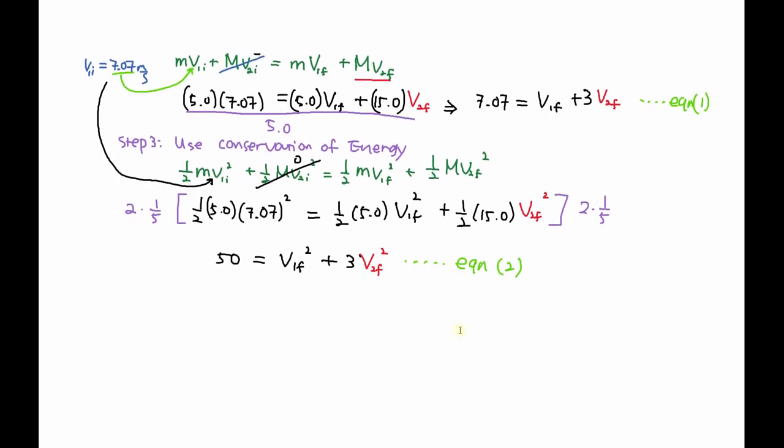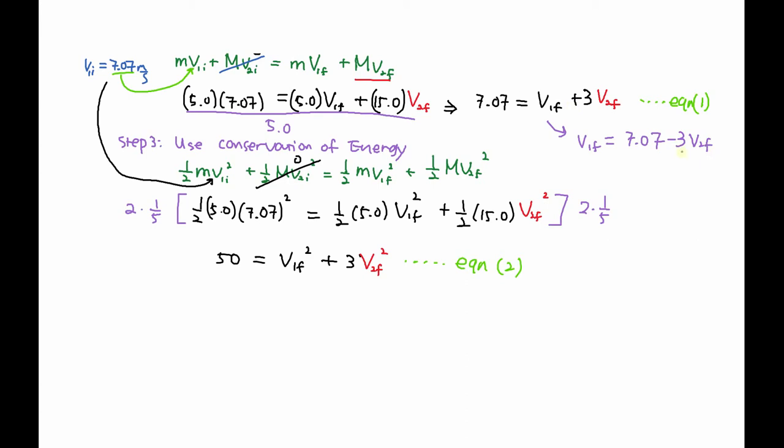So I have to combine both equations. My strategy is to keep the V2F here. So I'm gonna set V1F equal to 7.07 minus 3V2F.